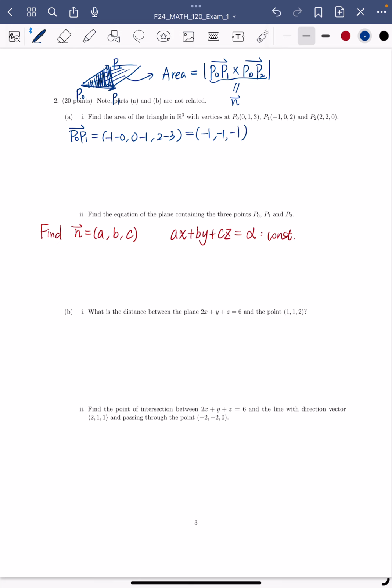And P0P2 is 2 - 0, 2 - 1, 0 - 3, which gives 2, 1, -3. Now we compute the cross product.